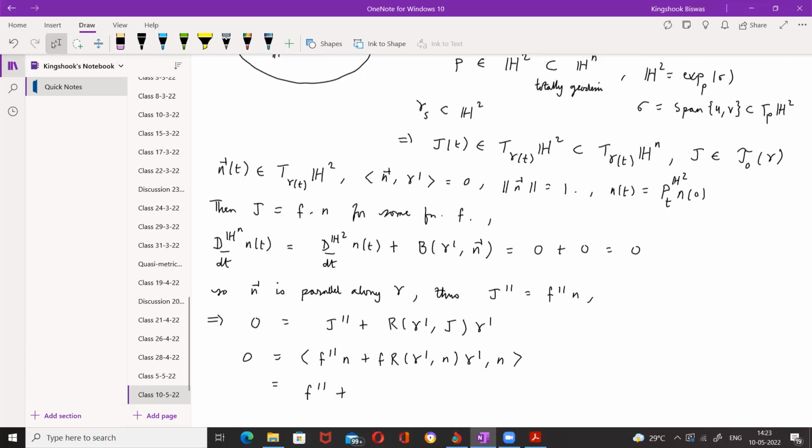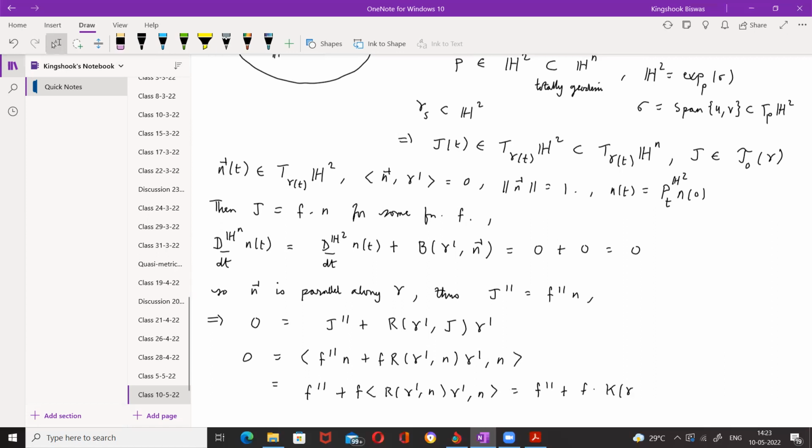It becomes f times the inner product of R(N, gamma prime) gamma prime with N. And this is equal to, by definition, the sectional curvature, right?